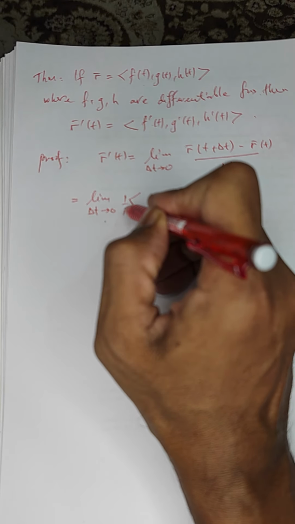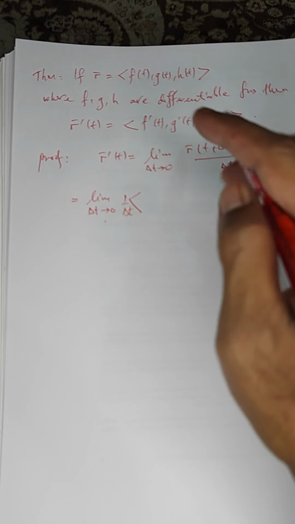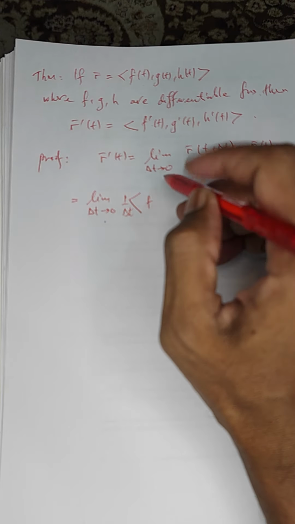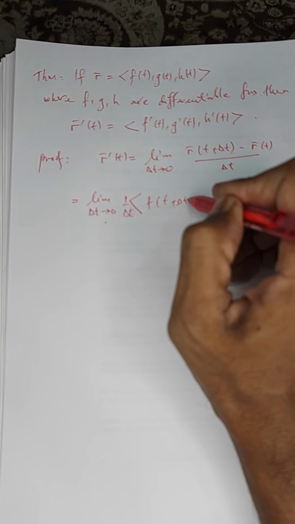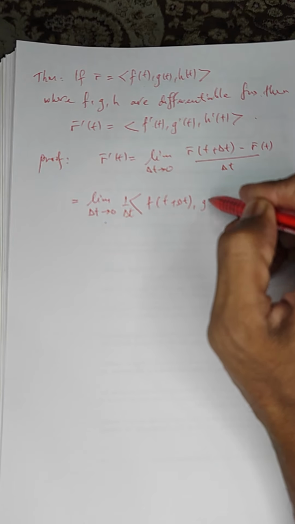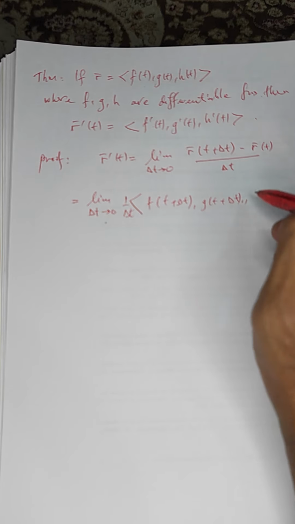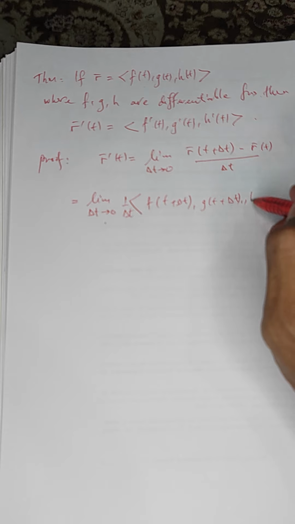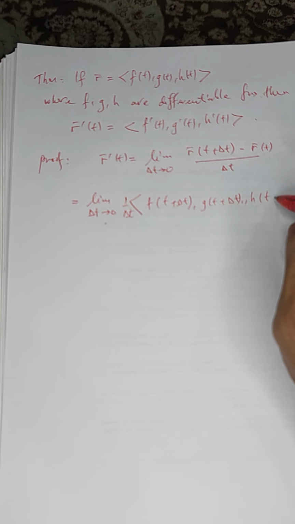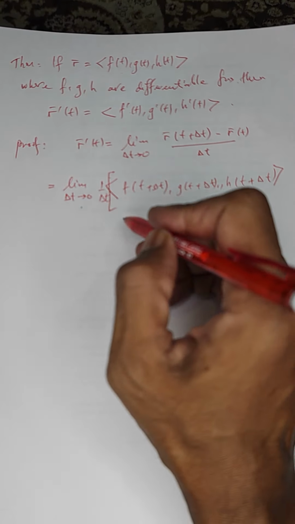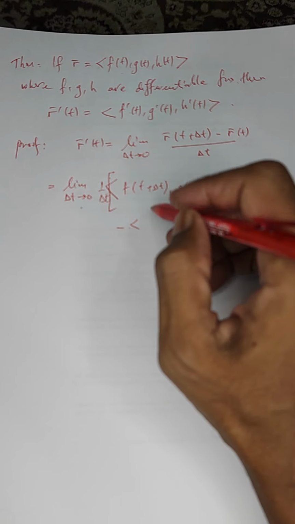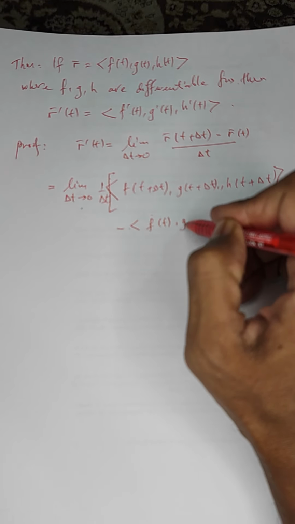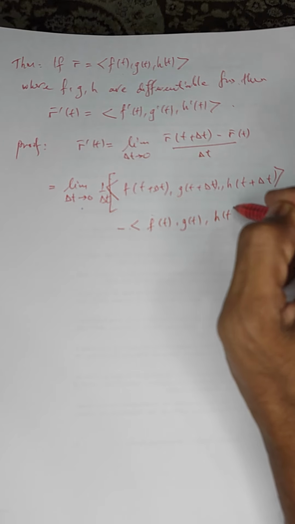So now what we have is the vector f(t plus delta t), g(t plus delta t), h(t plus delta t). That's a vector, so you need those brackets there. Minus r(t), whose components are f(t), g(t), and h(t).